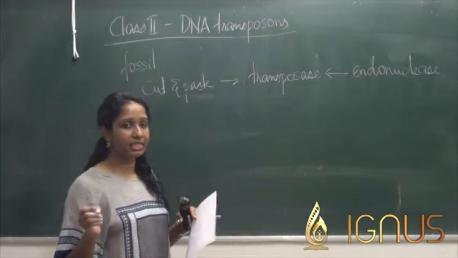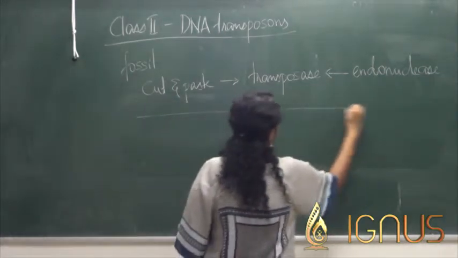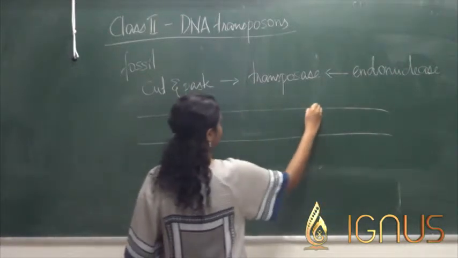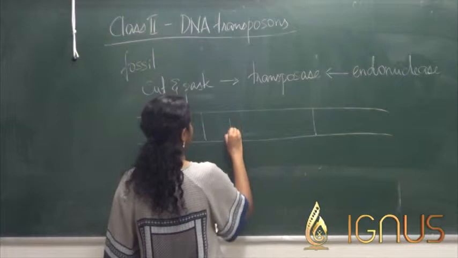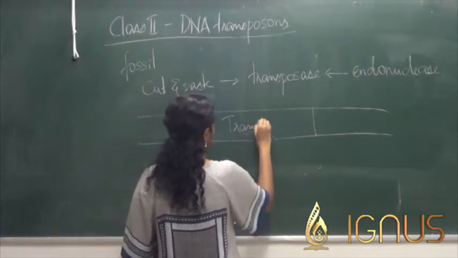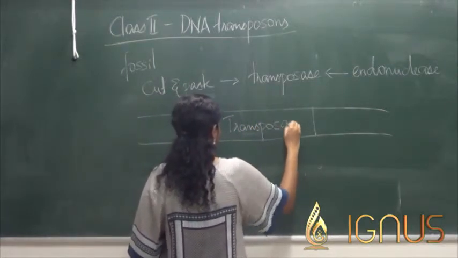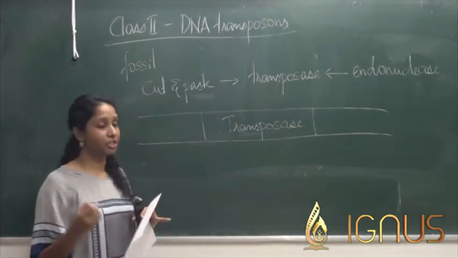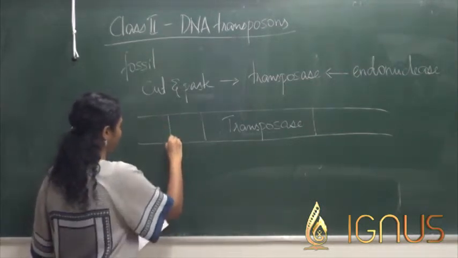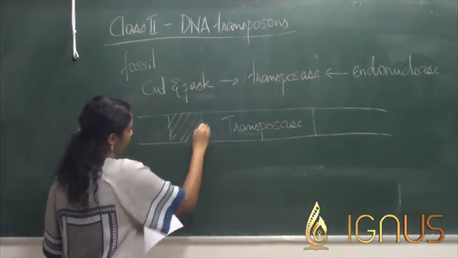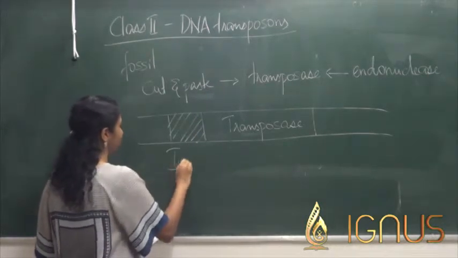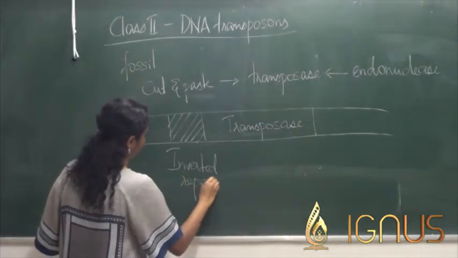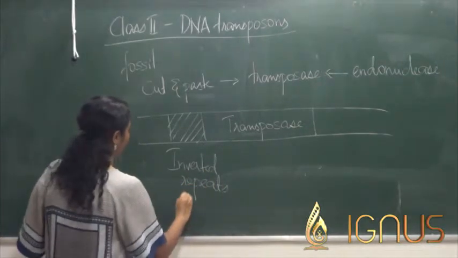Now, to understand it better, here is the genome, and in the genome you have the enzyme transposase gene. So this is the gene which is going to give rise to the enzyme transposase. Now, next to the gene on both sides are sequences which are known as inverted repeats, or IRs.